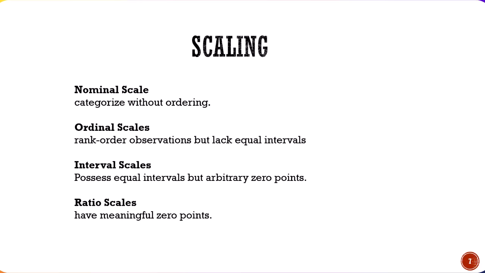What then is an interval scale? With an interval scale, basically what we look at is that it possesses equal intervals but an arbitrary zero point. What we mean here is that there is a difference in the measurement between the items, but they have no true zero. So when an individual scores zero, the zero does not mean the absence of a trait.